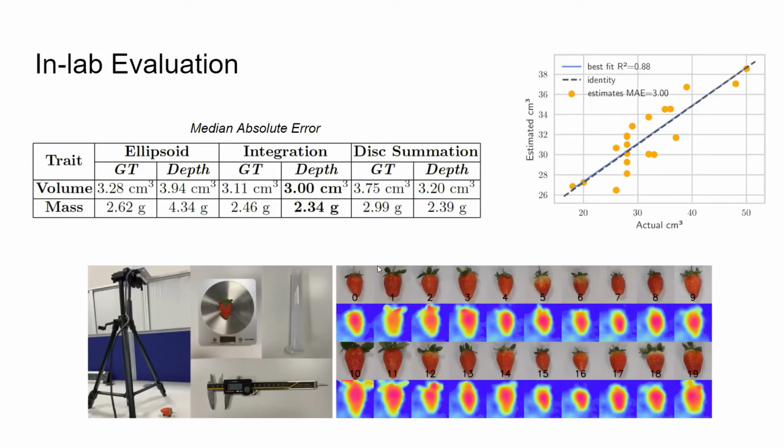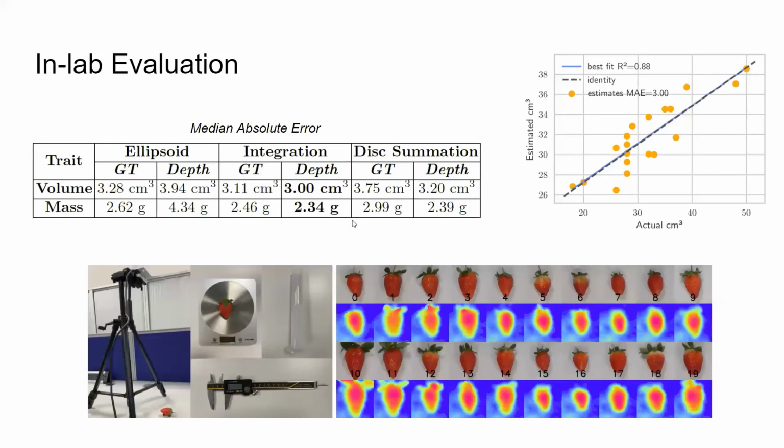You have to measure both the volume and the size of these berries individually. That takes lots of time, and hence only these baseline methods were investigated in this paper. But nevertheless, you can achieve quite good results.